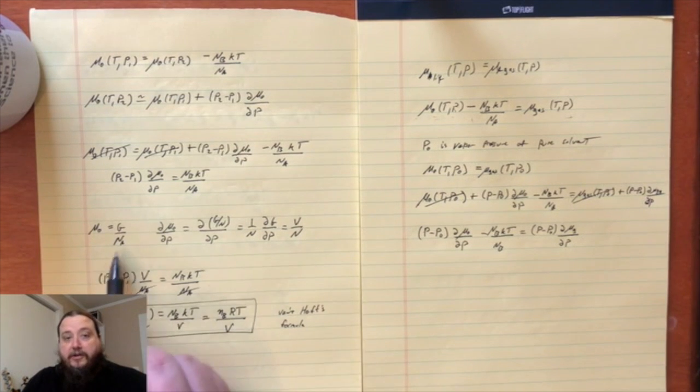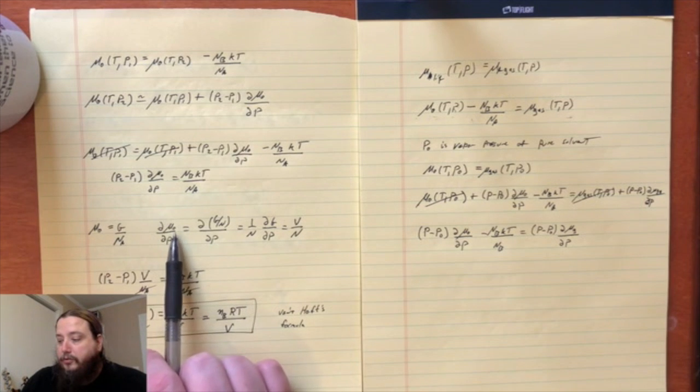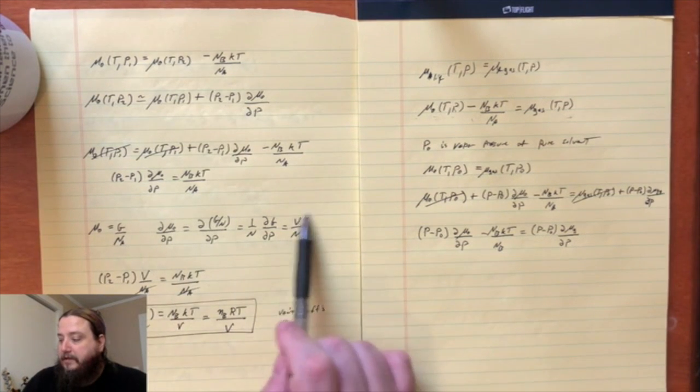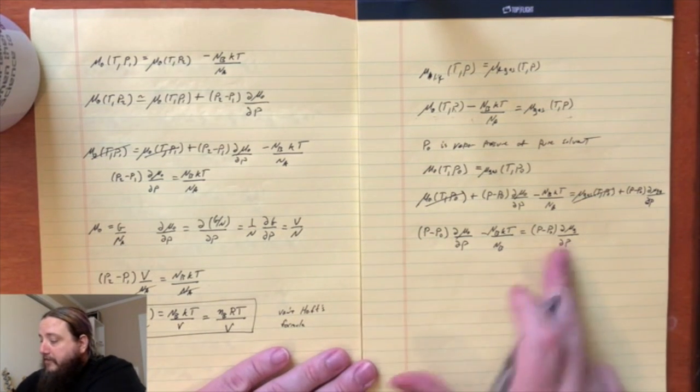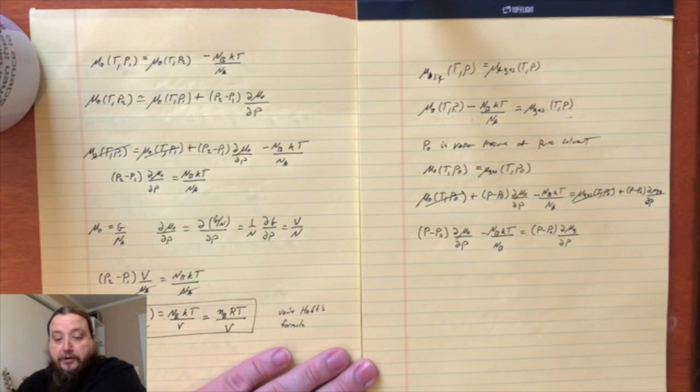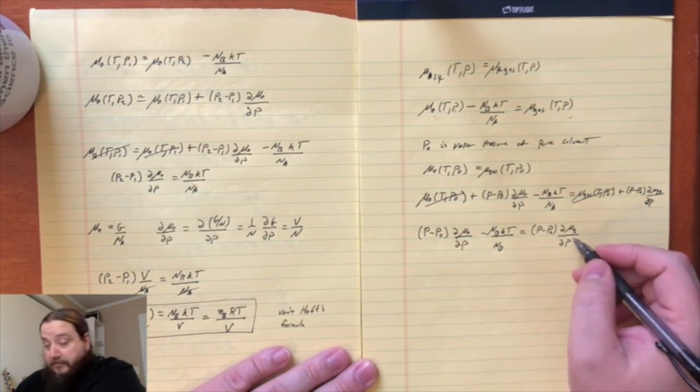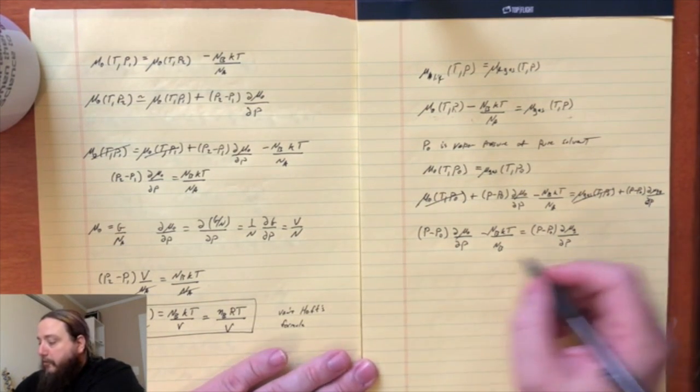And we just saw over here that d mu dP tends to be a term in V over N. So we can replace the d mu dP terms with V over N terms for the appropriate phases.